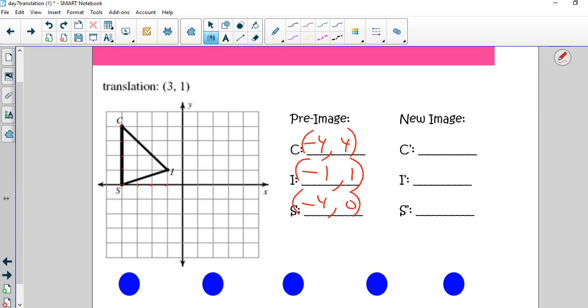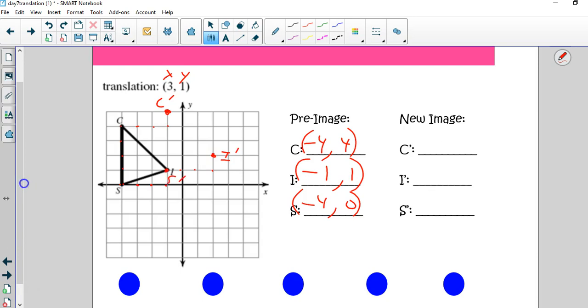Now, we're going to move 3 to the right, x, 1, 2, 3. And up 1. So 1, 2, 3, up 1. That's C prime. 1, 2, 3, up 1. That's I prime.